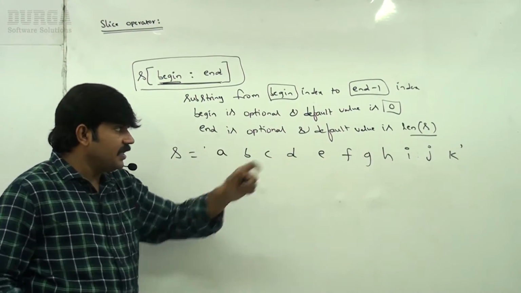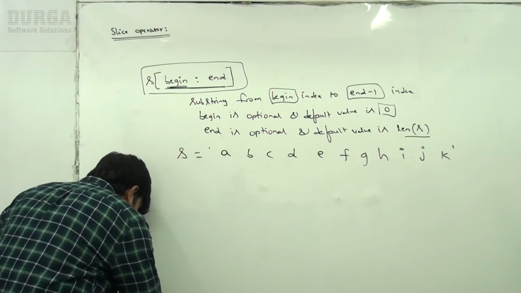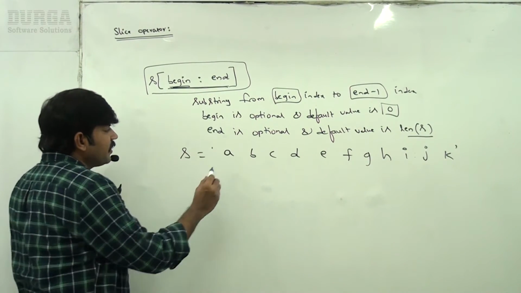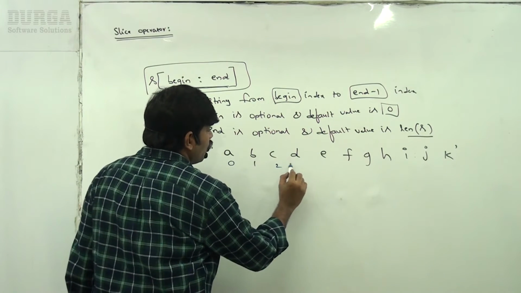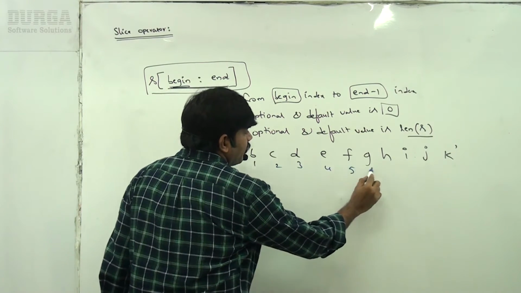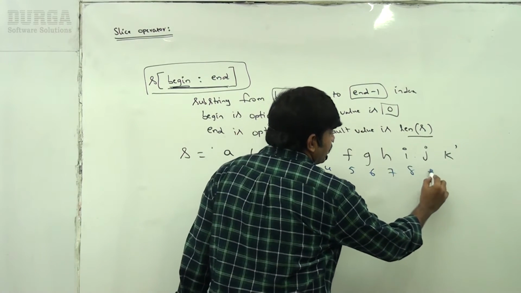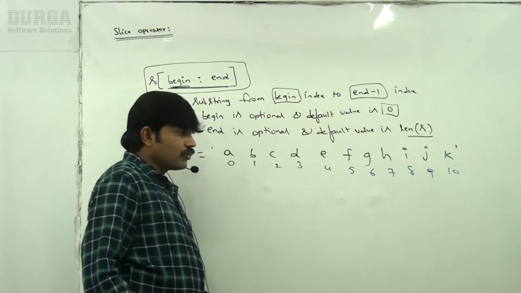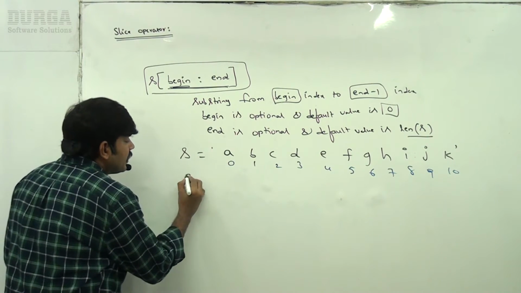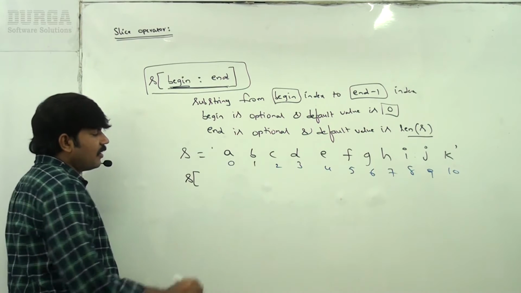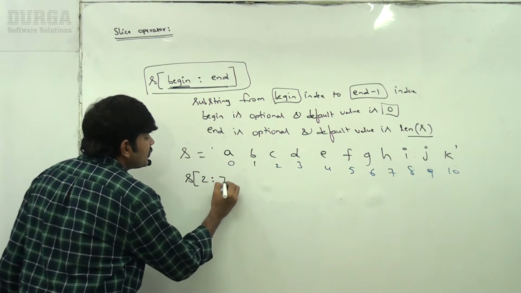Okay, sir, what is the index? Index for A is 0. Index for B is 1, 2, 3, 4, 5, 6, 7, 8, 9, 10, sir. Okay, 0 to 10, 11 characters are there in my string. Now, s of 2 to 7 I want.